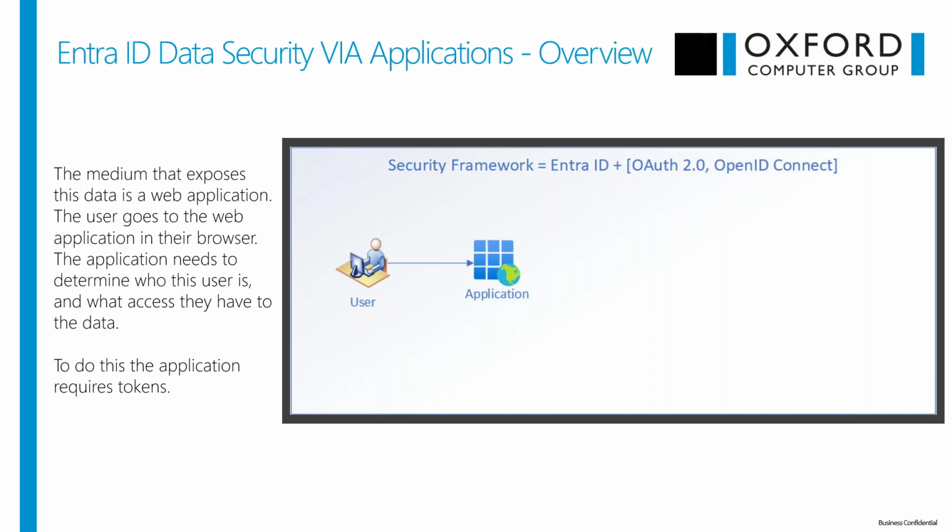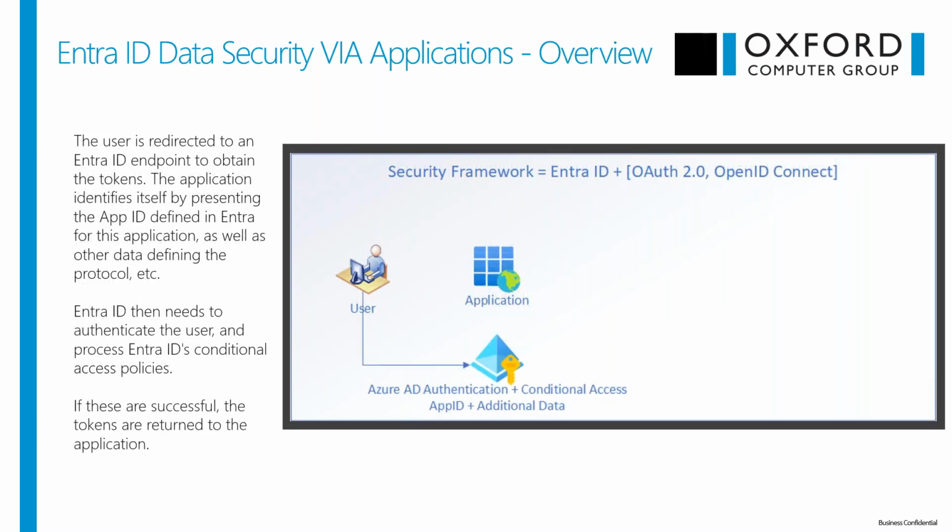Who's this actor that's trying to get into this? Your application is configured to go to some type of secure identity provider, and this is Entra ID. So the application says, hey, you're not authenticated yet. I'm going to redirect you to the authorization endpoint.